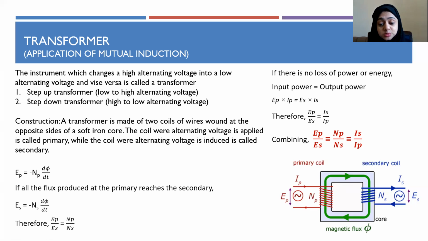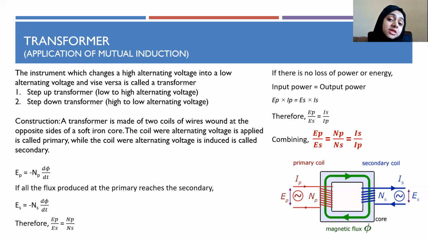That's the actual case. But here, we assume the ideal case where there is no power loss or energy loss. So the input power, the power that we give in the primary, we obtain it in the complete form in the secondary. So input power in the primary will be equal to the output power in the secondary.